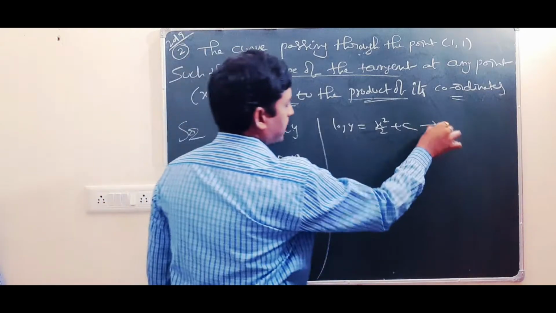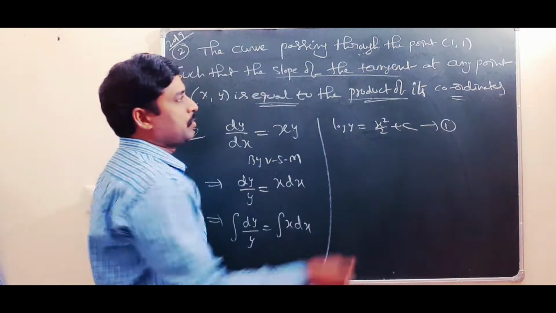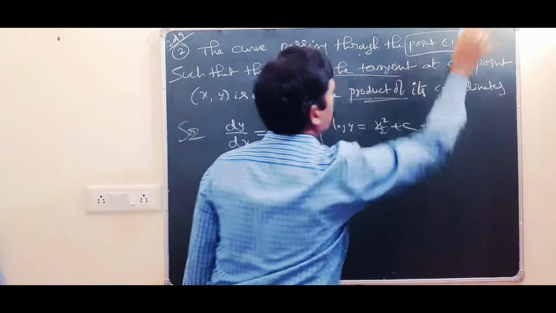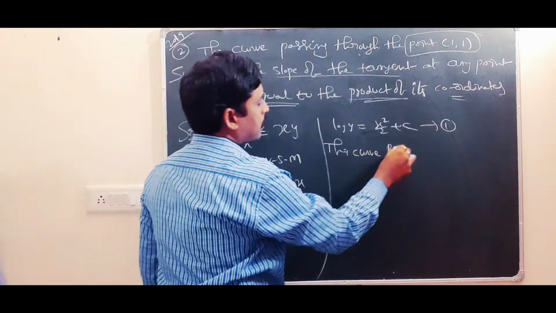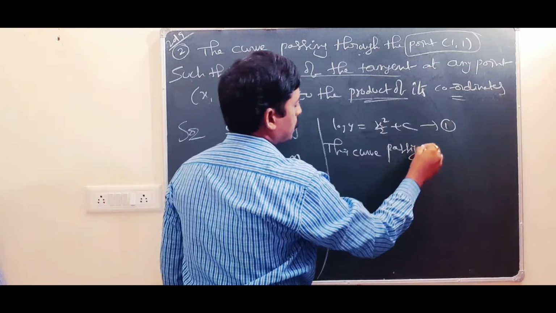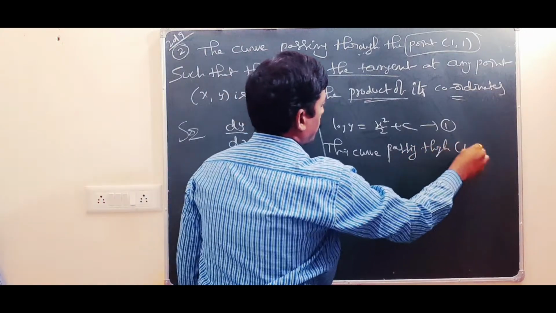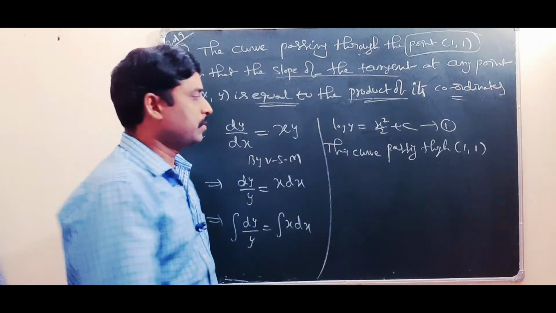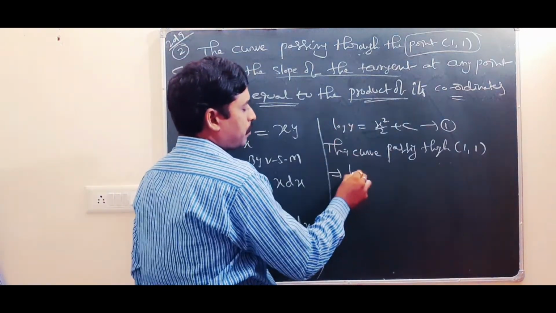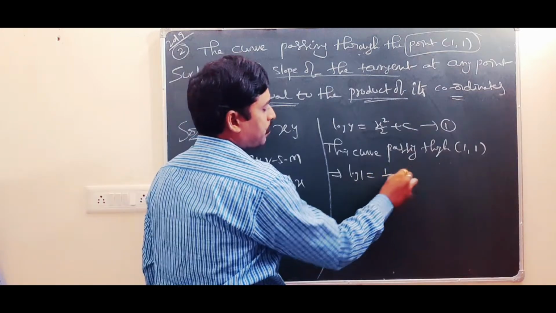Let us take this as equation 1. This curve is given as passing through the point (1, 1) on the xy plane. Substituting, it is going to be log 1 is equal to 1 by 2 plus c.